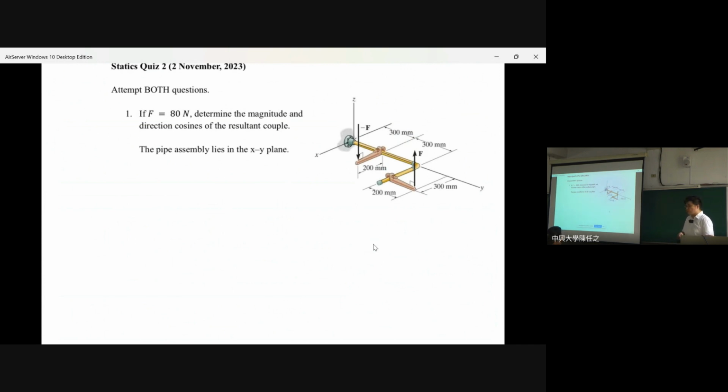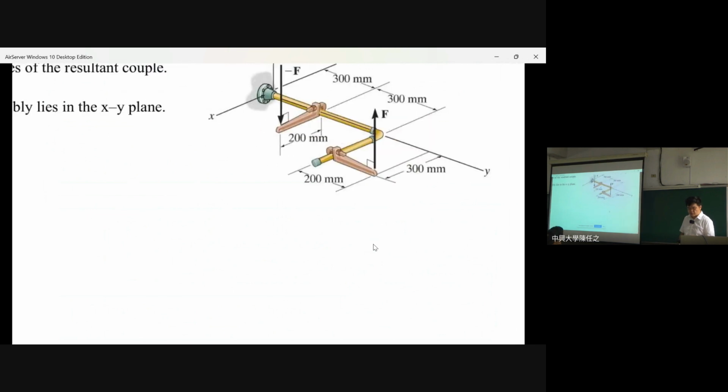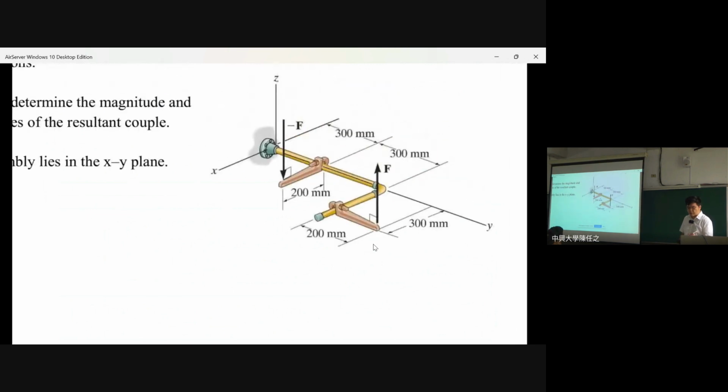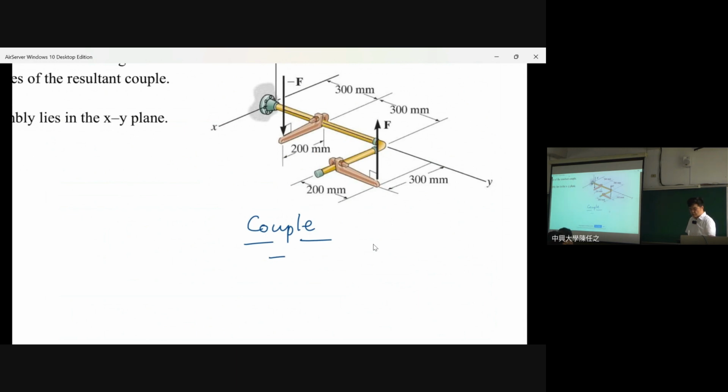So the thing is, for this question that I'm asking you for the resultant couple, you need to remember what a couple is: a couple means 2 forces opposite to each other, right? And then we have parallel lines of action.